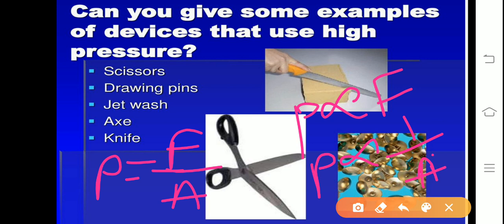So if area increases, pressure will decrease. If area decreases, pressure will increase. That's why a knife, drawing pins or scissors having a sharp edge have a small surface area. If area is small, pressure will be more. That's why they have high pressure.